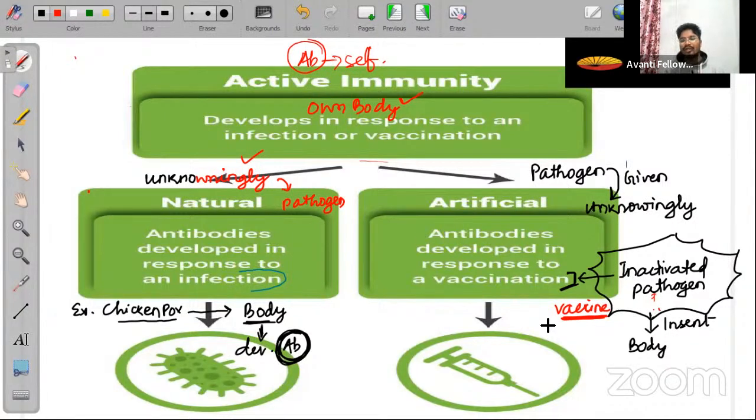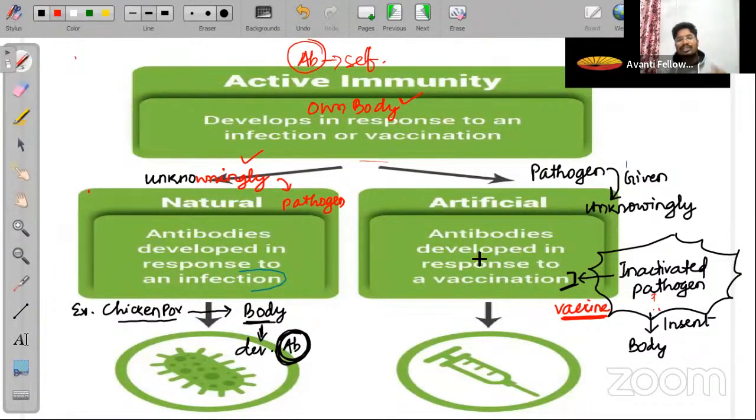Now what it will do, our body will come in contact with the inactivated pathogen. This inactivated pathogen doesn't have that much power to affect our body, or we can say infect our body, right?